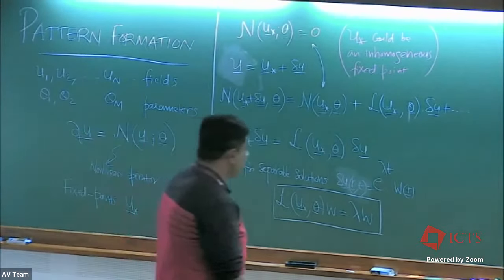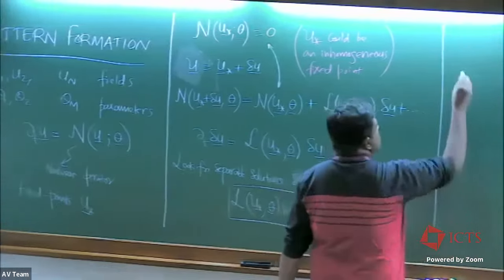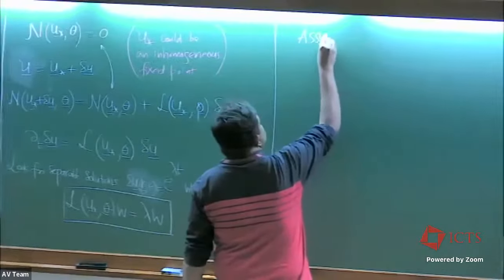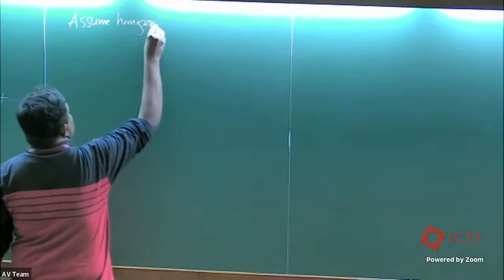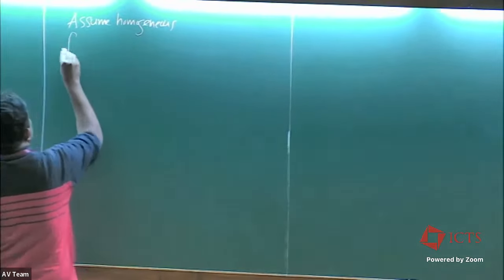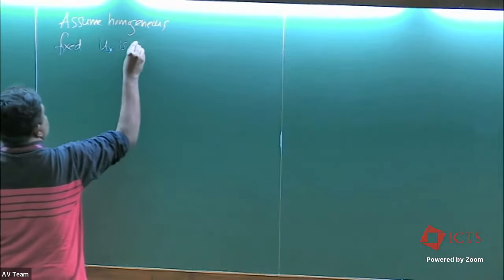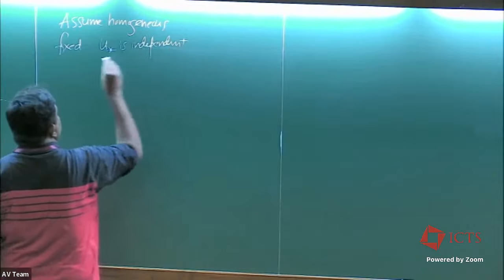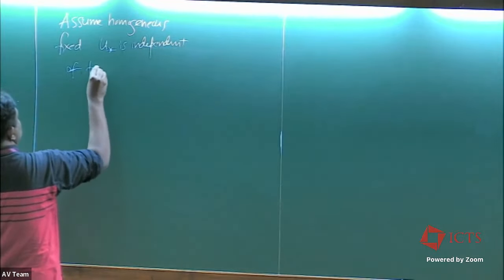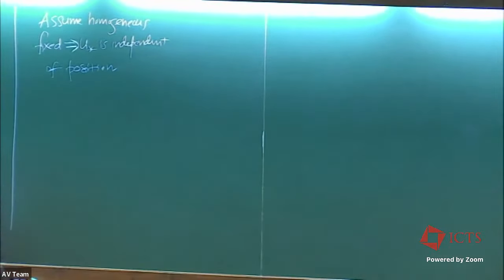And so most of the time, what you do is to assume a homogeneous steady state or homogeneous fixed point. That is, U star is independent of position. Right?